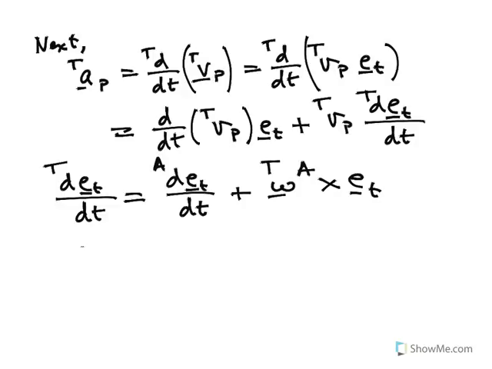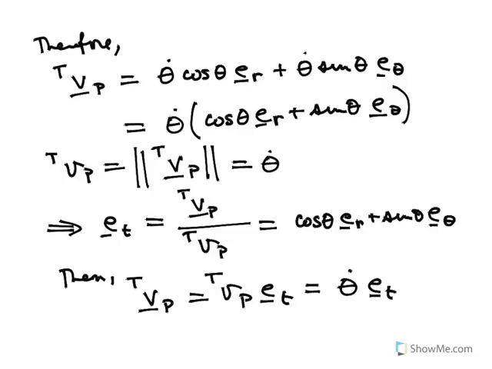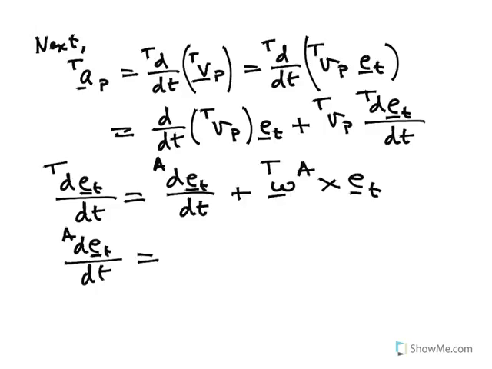Now, what is the rate of change of the tangent vector in reference frame A? Well, given the fact that the tangent vector is cosine theta ER plus sine theta E theta, this is equal to negative theta dot times the sine of theta times ER plus theta dot times the cosine of theta times E sub theta.